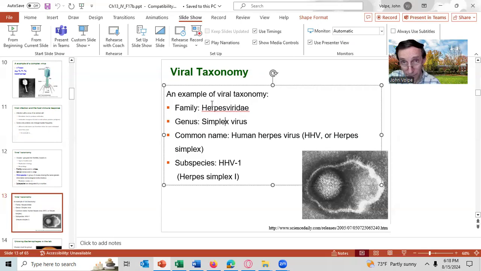Like there's no phyla of a virus. We do group viruses into the kingdom they infect. And obviously animal viruses will be viruses that infect animal cells. Bacteria viruses will infect bacteria cells.